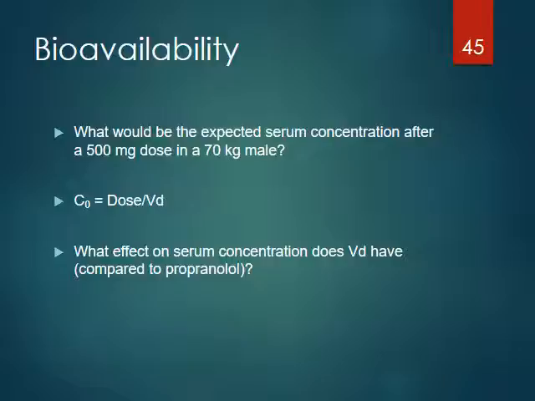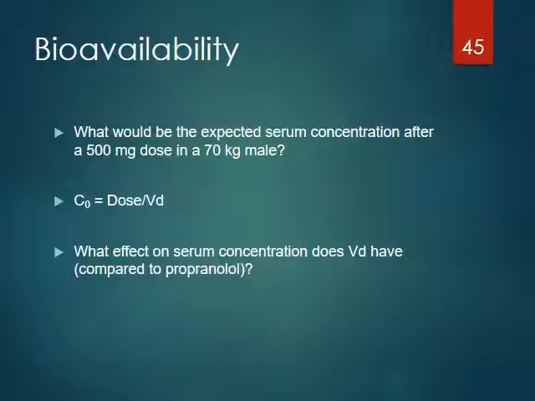Taking that into account, look at something like volume of distribution. What effect do you think volume of distribution really has on serum concentration as compared to something like propranolol? We said that this has a volume of distribution of 0.2 liters per kilogram, which was low compared to something like propranolol, which is 4 liters per kilogram. So what does that tell us about the drug? It means the drug likes to be more in the systemic circulation and does not like to distribute as much out into the tissues.